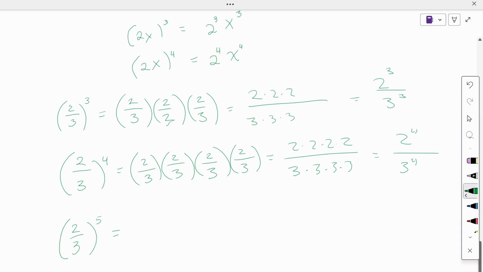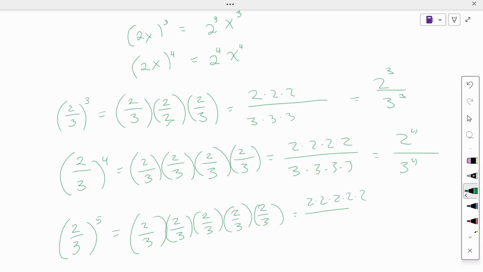And finally, you've got 2/3 raised to the 5th power. So you've got 2/3, 2/3, 2/3, 2/3, 2/3. I hope everybody can see, you've got a bunch of 2's and a bunch of 3's.